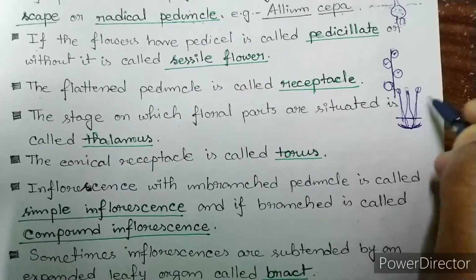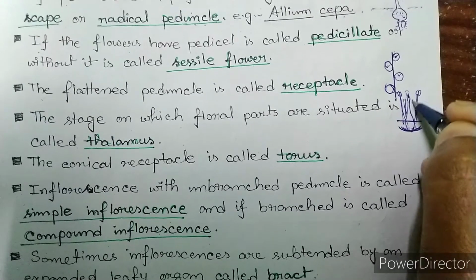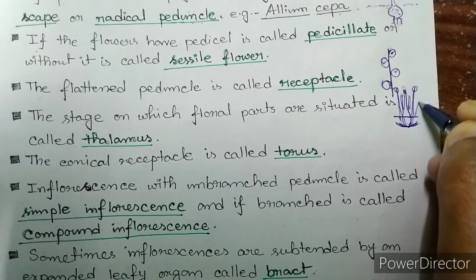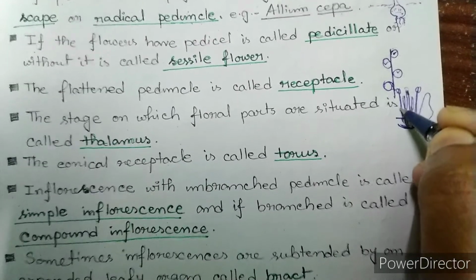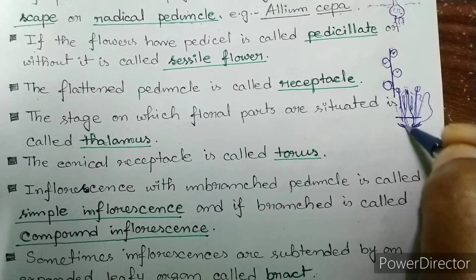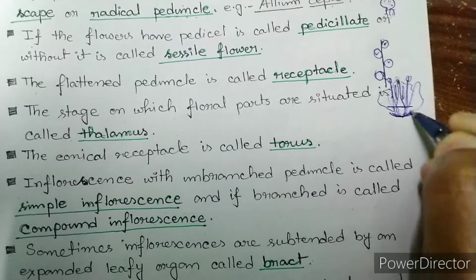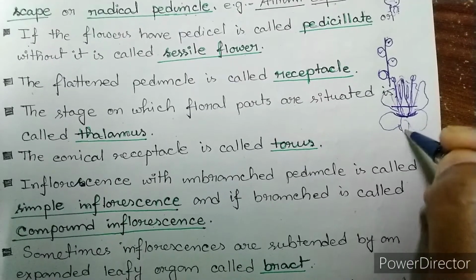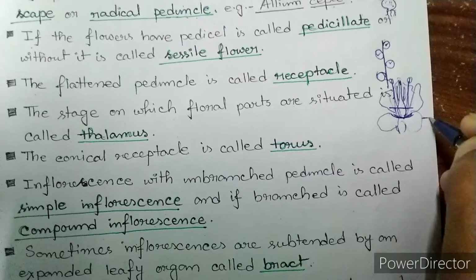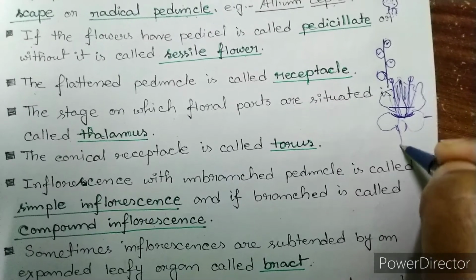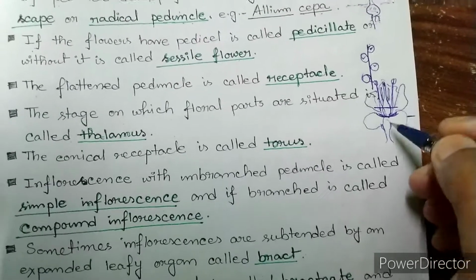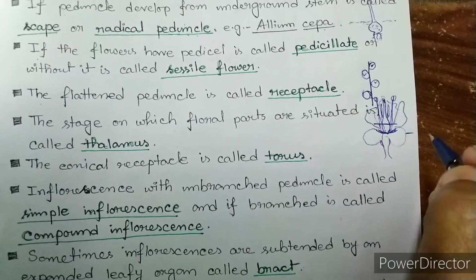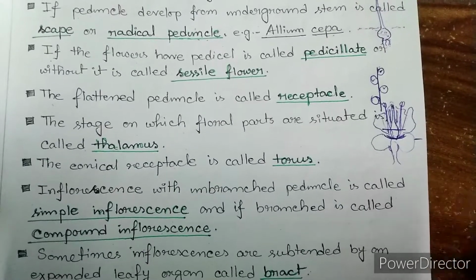This is not just 2, this is more than 2. And from here petals arise, which means corolla, and from here calyx is released. So this is called thalamus. I hope this is clear to you.